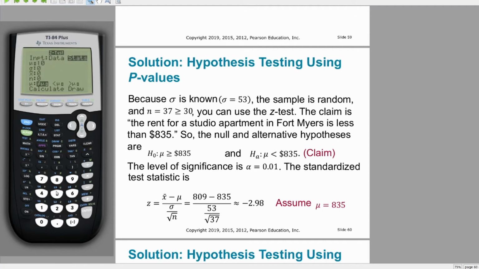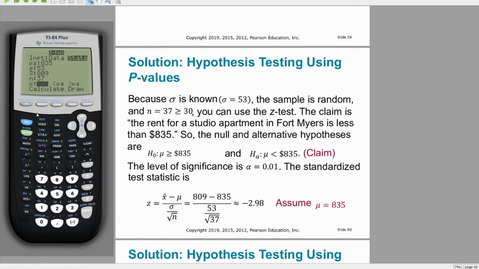We are told that mu naught, the supposed parameter, is 835. Sigma, in this case, is 53, and we're comparing it to a mean x bar of 809 with a sample size of 37, where we're sure that we can use the central limit theorem for both reasons, because it is both approximately normal to begin with and a large enough sample.